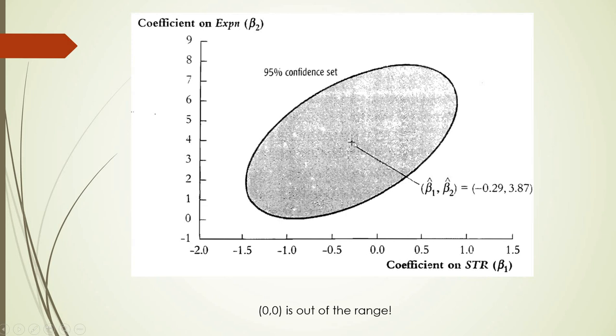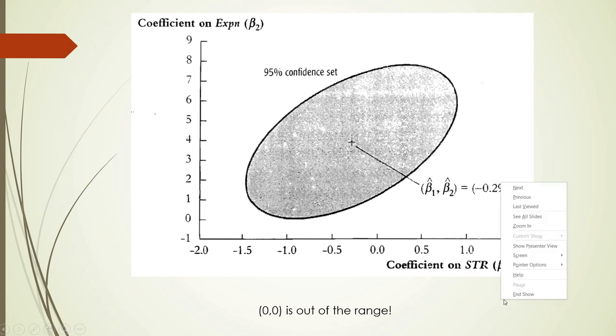Their true value in a sample is here, and we can expect with a probability of 95% that the true values of the beta 1 and beta 2 coefficients in the population can be in this area. So maybe beta 1 can be maybe -1, and then maybe beta 2 can be only 0.8, somewhere here, for example.